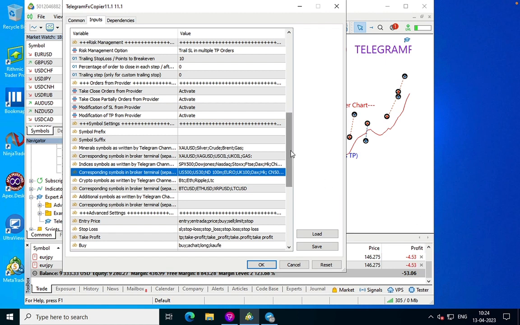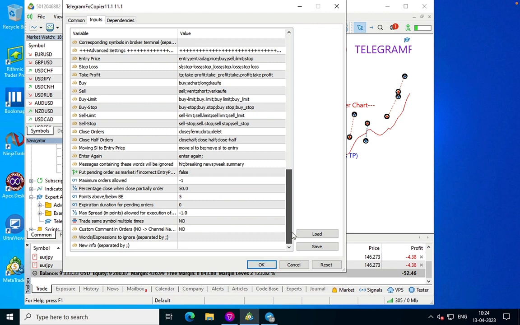So then the last thing let's look at is the ignore settings. Okay, if we scroll all the way down to the bottom, words and expressions to ignore. Okay, so let's say your signal provider uses a hashtag. You want to put the hashtag in there because the system will see the hashtag and it will say, I don't know what that is. So you got to tell it to ignore certain symbols.